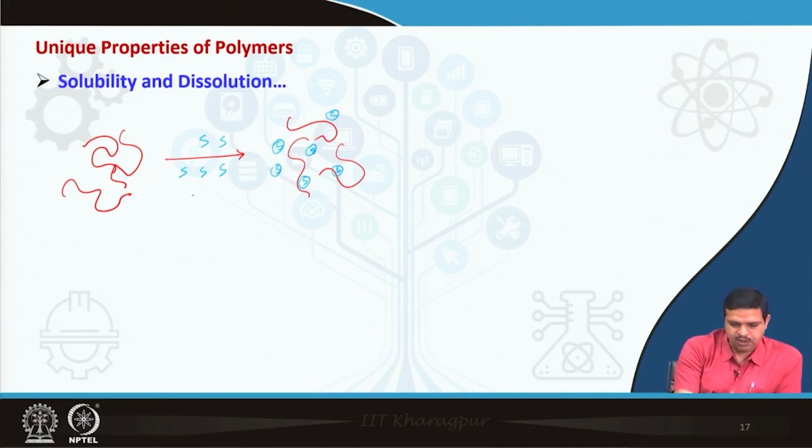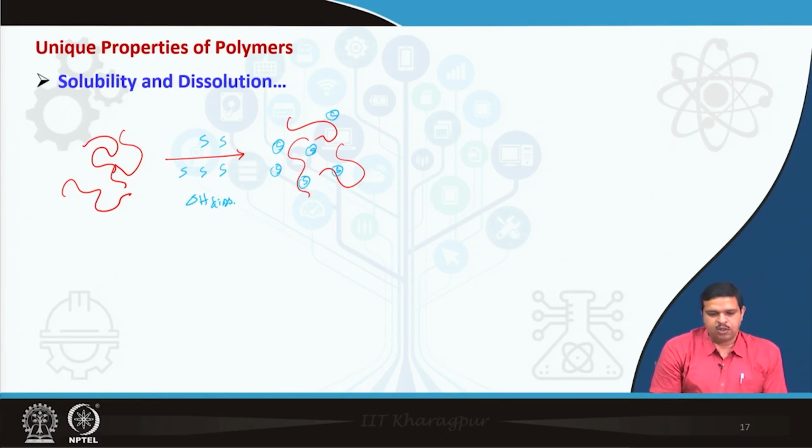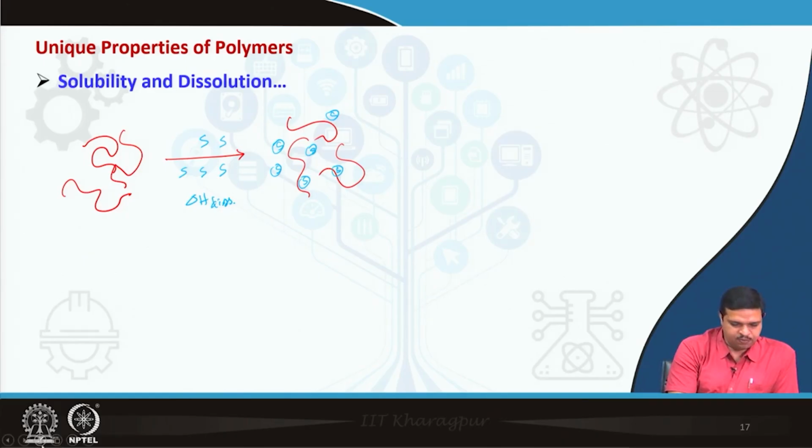So, because you see from here, if you have small molecules, as an example, like this, okay, and you have a solvent, then you will see that there is no problem in solubilizing, or the solvation, as we will call it, of the small molecules.